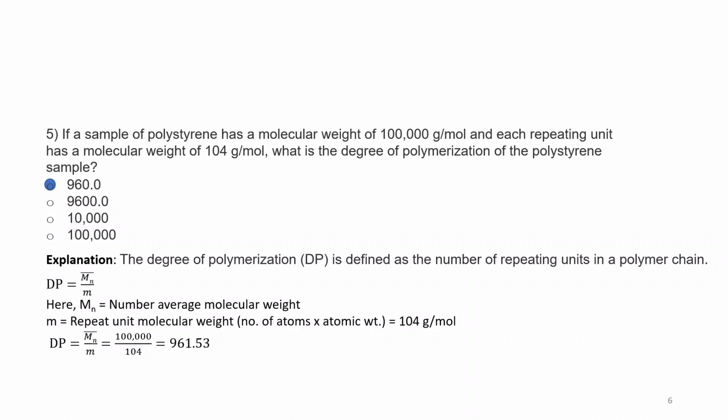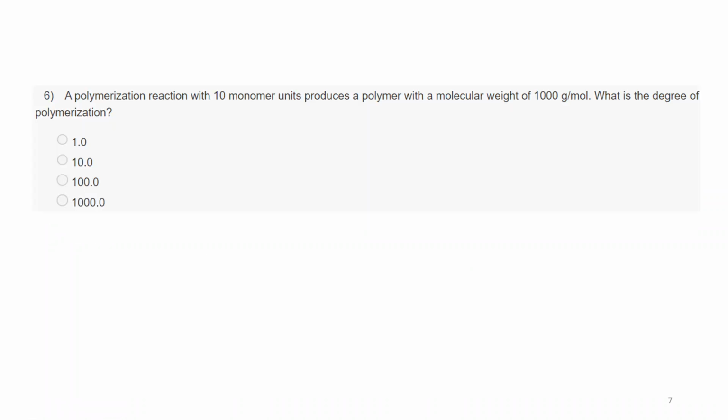Here it's given 104 gram per mole for polystyrene and the number average molecular weight is given as 100,000. So you just need to divide 100,000 by 104. You'll get 961, which is approximately equal to 960. So the first one would be the correct option.